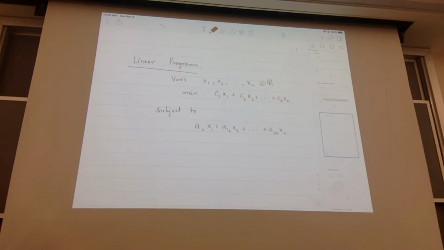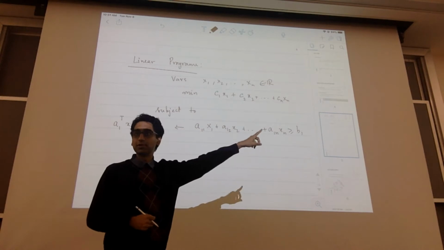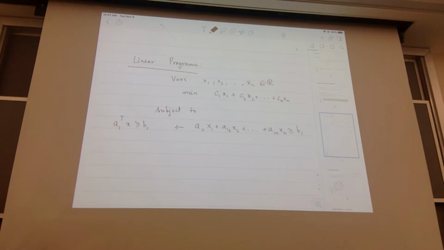This constraint we would write in short form as a1 transpose x bigger than or equal to b1, where a1 transpose is just the vector that has a11, a12 and so on. This objective we would write as c transpose x. And similarly, you have a2 transpose x bigger than or equal to b2, up to am transpose x bigger than or equal to bm.